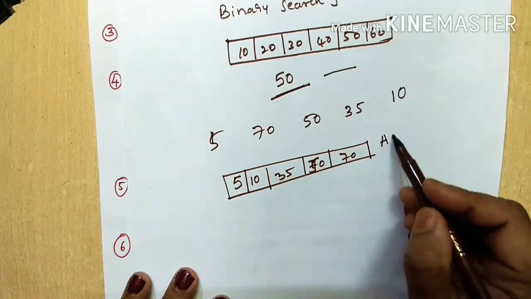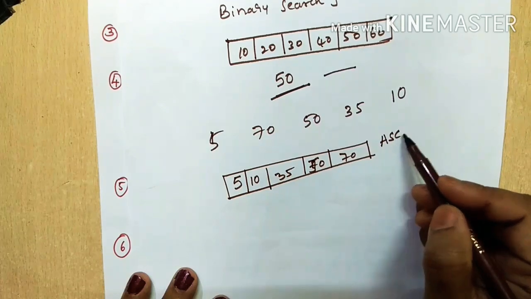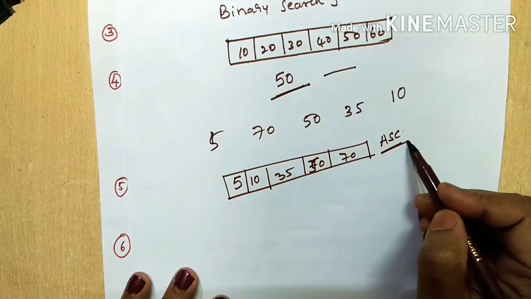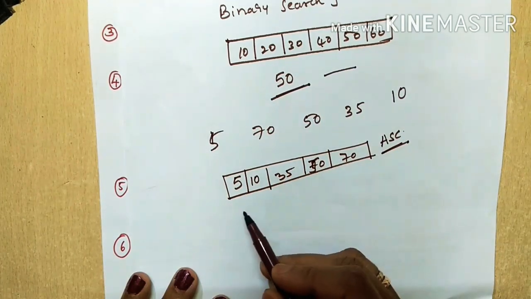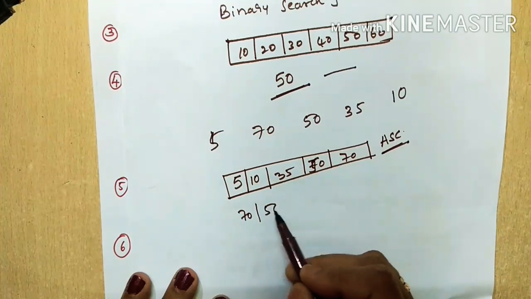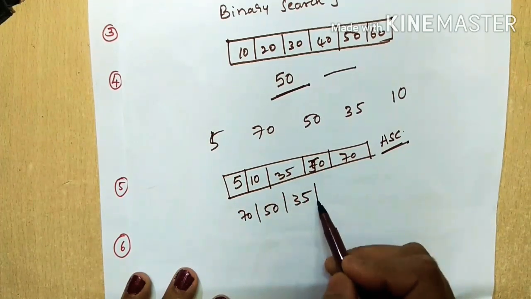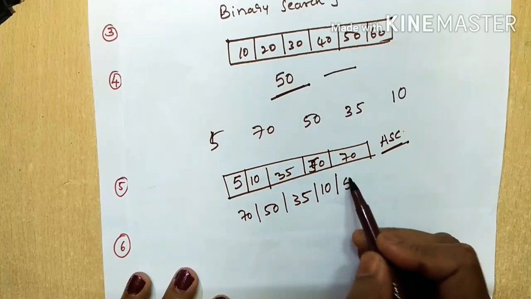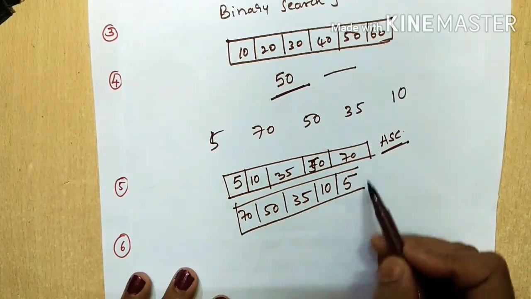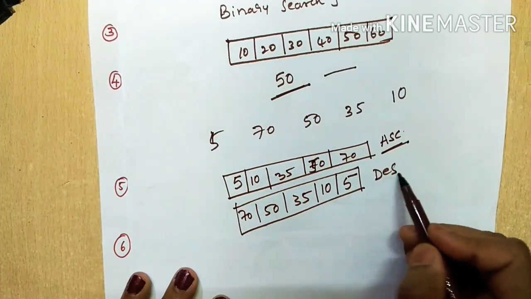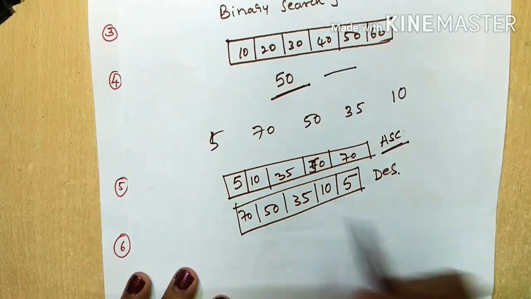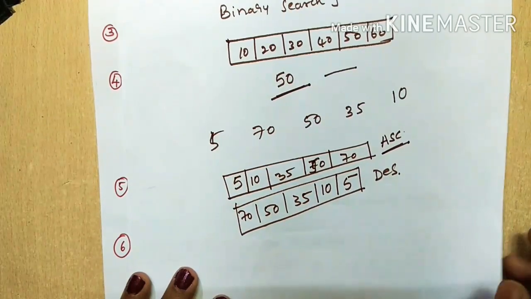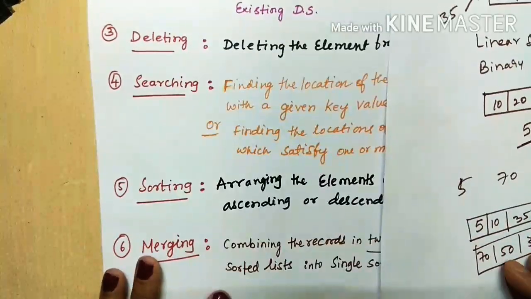The elements are arranged in ascending order. Reverse, that is 70, 50, 35, 10, 5. This is called descending order. Arrangement of data elements in an order is called sorting.